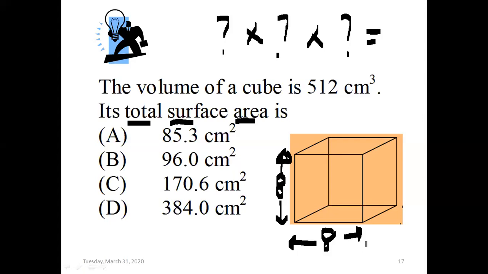Length times width, sir. That's true, and the same to find the area of a rectangle. So the area of this face here is 8 times 8, not true? And 8 times 8 is how much? 64. All right, so the area of one of the faces of the cube is 64.